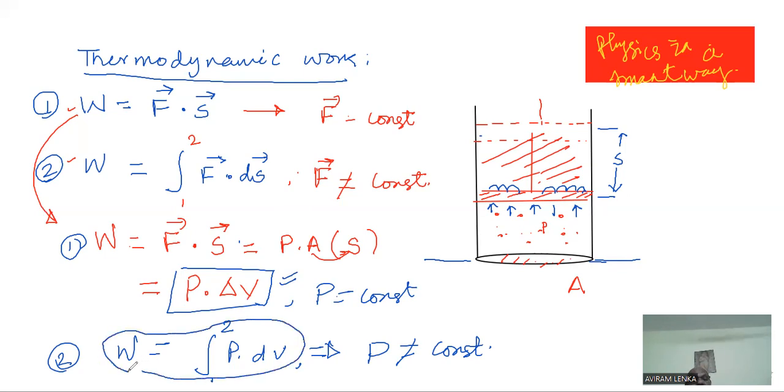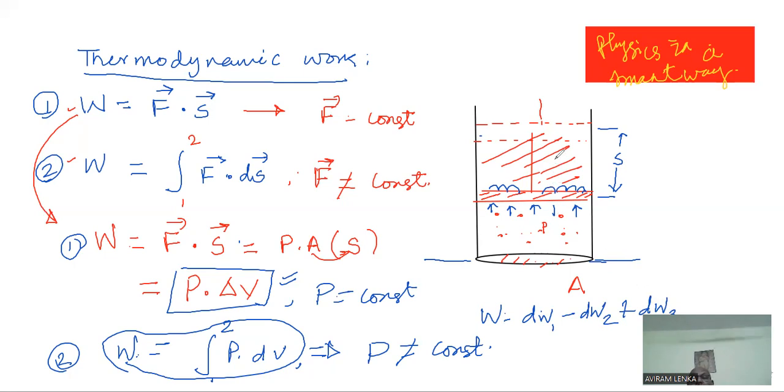Apart from that, one thing we have missed here: when we say integration of PdV, integration means summation. Our basic policy, when we tried to find the work, was to add very small works, dW1 plus dW2 plus dW3 plus dW4, like that, and every dW comes with the formula P with a small displacement.